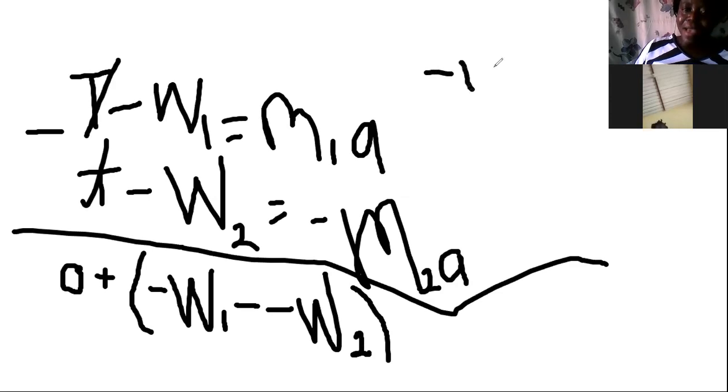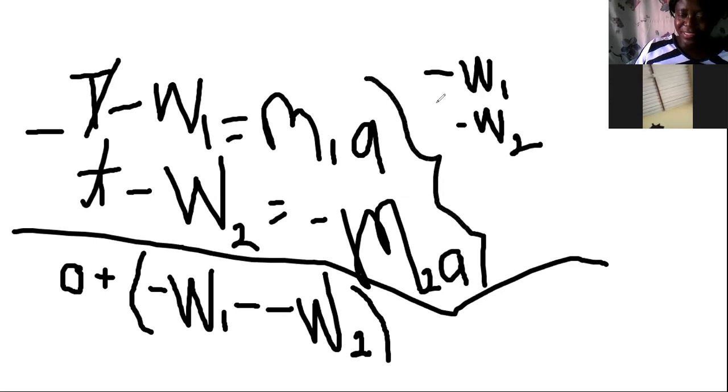Okay, let me maybe write it. Minus 1, and this is again a minus weight 2. Then now I'm going to subtract these 2. So you have a minus weight 1 and you have a minus weight 2.